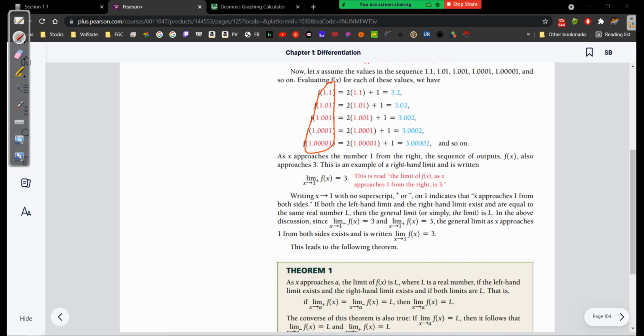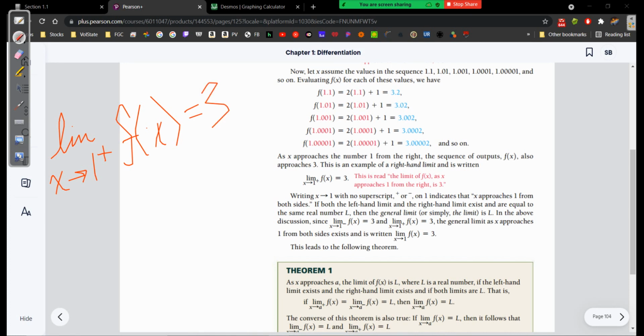As we approach 1 from the right side, we see that we are approaching the number 3. Same as before, we say the limit as x approaches 1 from the right side, the positive side, of my function f of x is equal to 3.